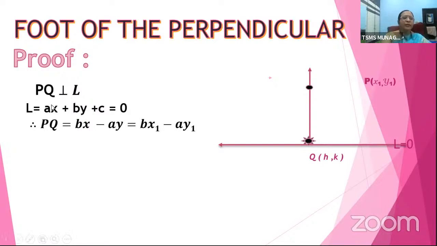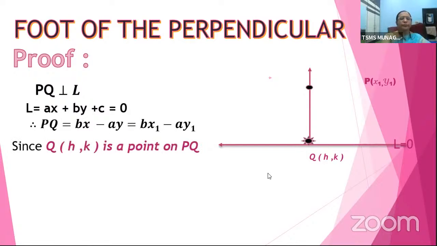You only have to interchange the coefficients of x and y and change the constant. So here if I change the coefficients, I will get bx - ay = bx1 - ay1, because (x1, y1) is a point which is lying on PQ.